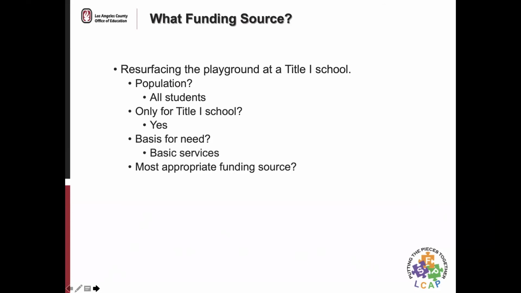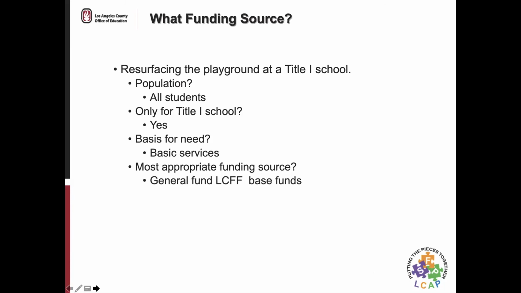Academic, income? Neither. It's just basic stuff, right? It's the playground. What's the most appropriate funding source? General fund base funds. That's a basic activity. We do now and then see playground repair for only your EL students out there, okay? This is a basic service. So that's kind of just a 1, 2, 3 in determining which is going to be your appropriate funding source.